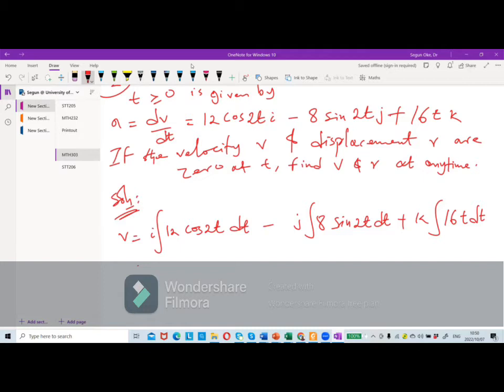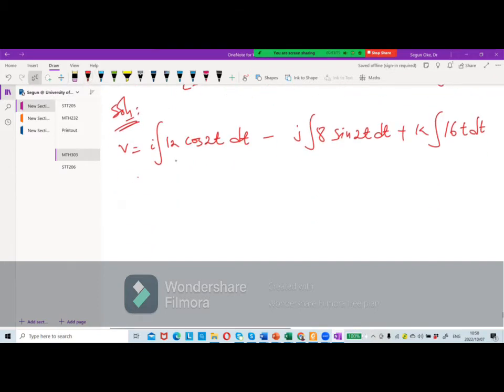If the velocity v and displacement r are 0 at time t, meaning that after you integrate this, let's do it together. We have 12 over 2, because when you integrate cos t, you have sin t, right? So you have 12 over 2 sin 2t i minus, when you integrate sin, you have minus cos, so it turns to positive 8 over 2.